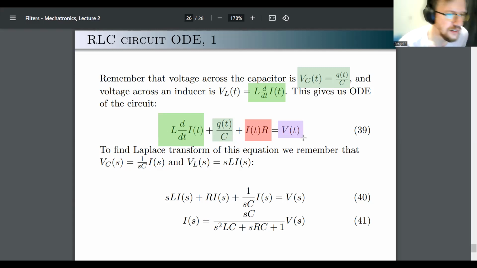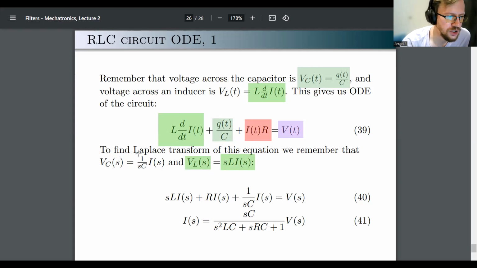Now, the Laplace transform of this equation can be found by replacing the derivative with s. So the voltage across the inductor can be computed this way because the derivative becomes just s, right?